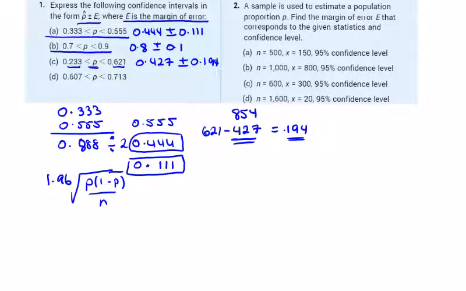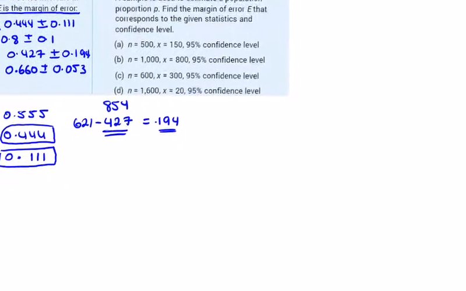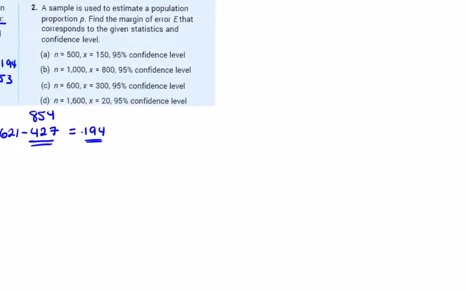And the last one between 607 and 713, we're jumping 106, so we need to jump 53, which would get us to 660. And yeah, 53 and 660 is 713, so this is going to be 0.660 or 66, whichever you prefer, plus or minus. And we said we were jumping 53, 0.053. That's question 1.